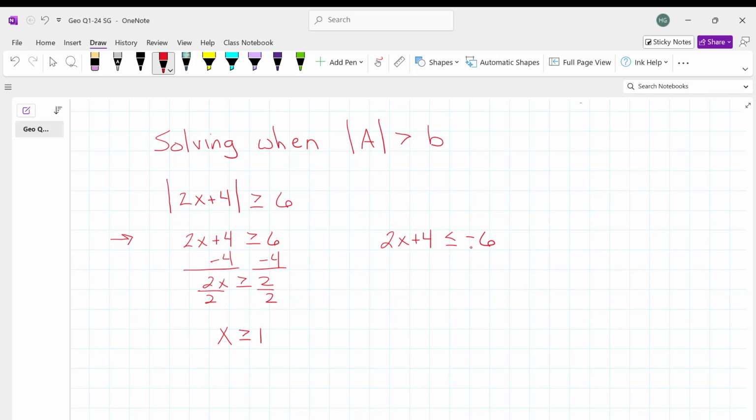Solve the second equation as you normally would. So subtract 4. 2x is less than or equal to -10. Divide both sides by 2. X is less than or equal to -5.